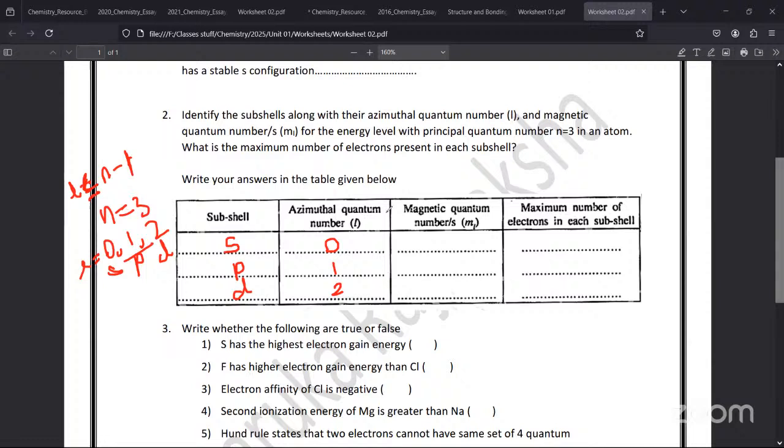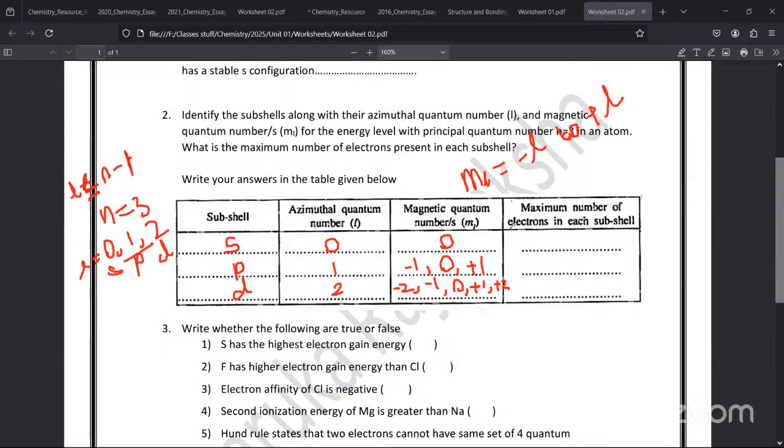Now the magnetic quantum number for 0 is only 0. m sub L goes from minus L to plus L, so for p it's minus 1, 0, and plus 1. We did this in class. Then for the d orbital, minus 2, minus 1, 0, plus 1, plus 2. Those are the possible values.